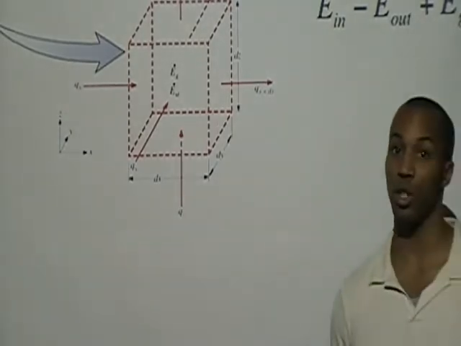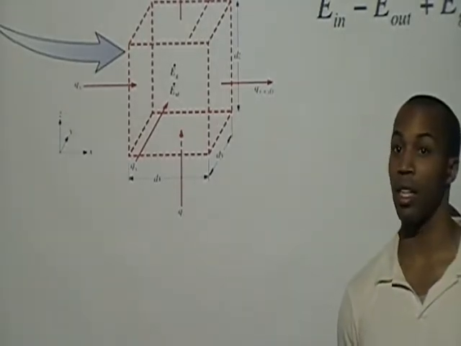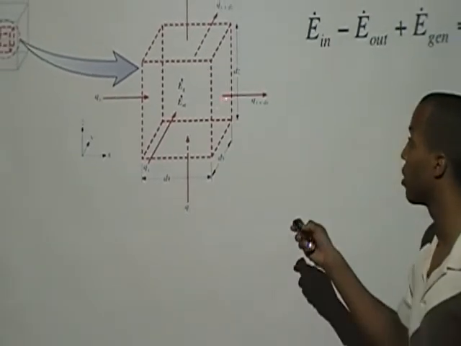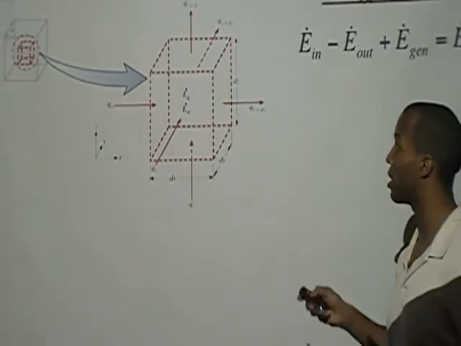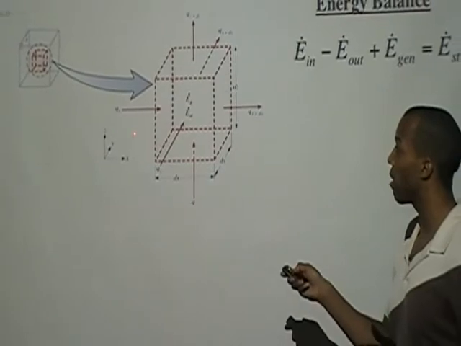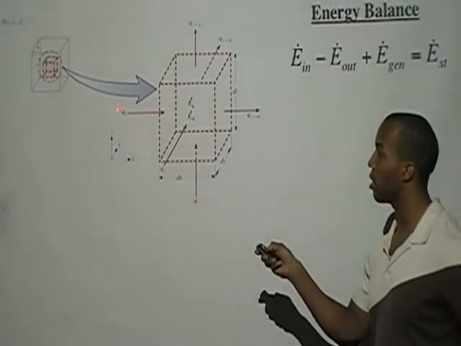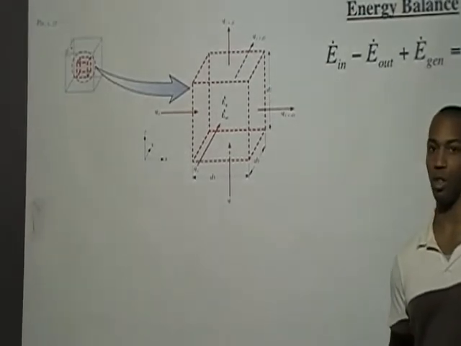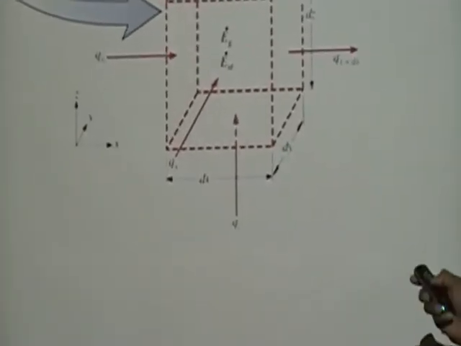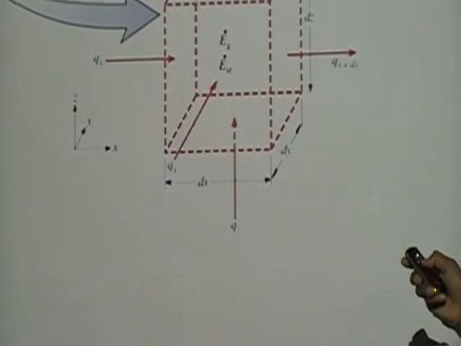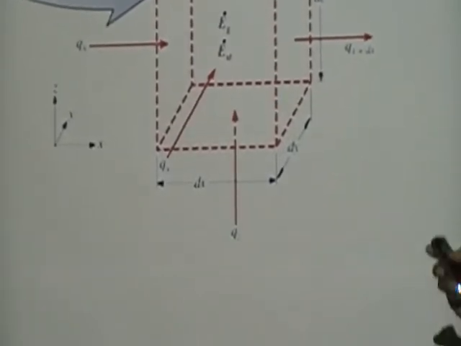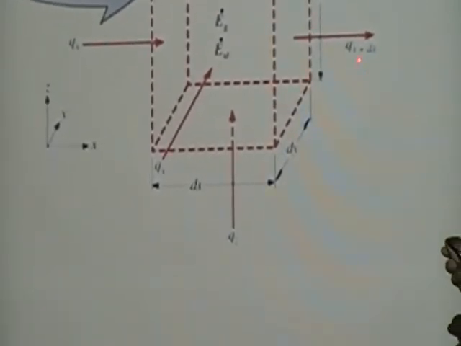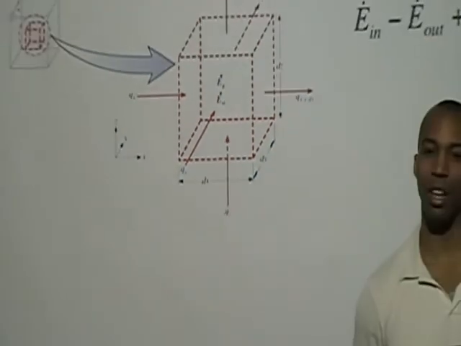So energy enters in those three directions, but energy also can leave. Energy can leave in the x, y, and z direction. Here we have that represented as a heat rate q with a subscript x, y, or z for energy entering the control volume. And then we have a heat rate q with subscript x plus delta x, y plus delta y, z plus delta z.